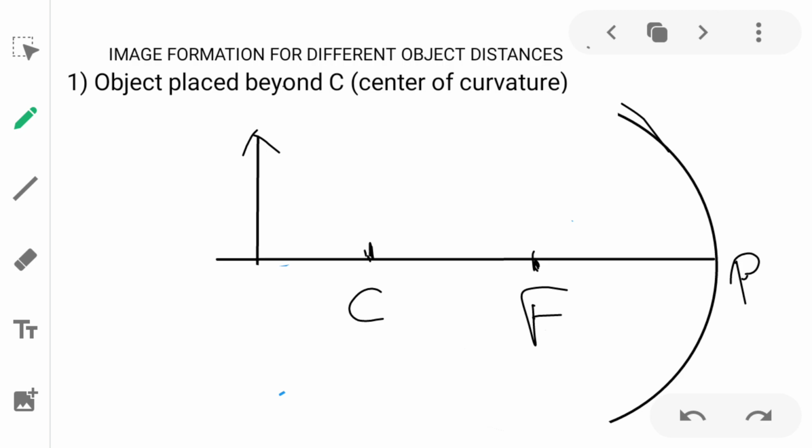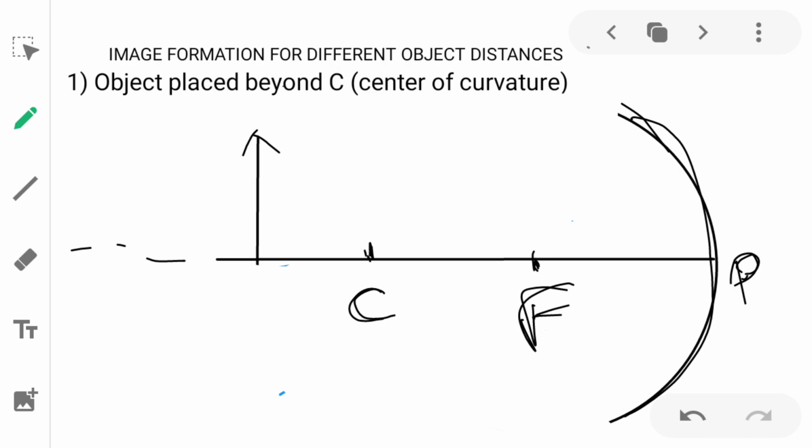So for that, here we have a concave mirror. Our first job is to draw the principal axis, then name the points like pole, principal focus F, center of curvature C. Here the principal axis is divided into some parts like principal focus, center of curvature and far away infinity.